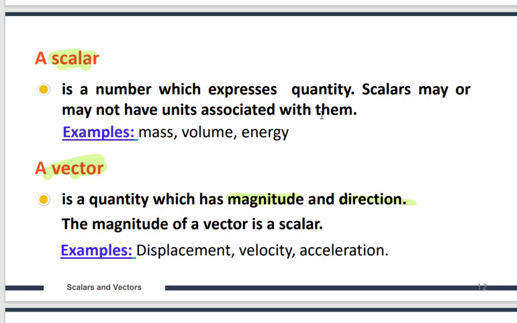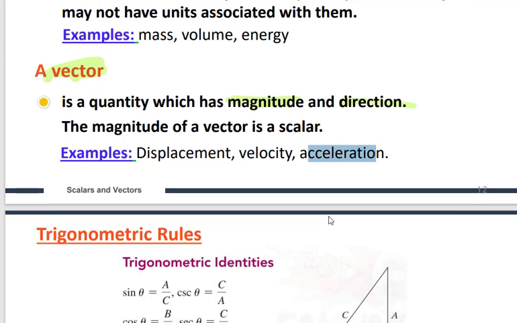A quantity which has both magnitude and direction is called vector quantity. Vector quantity has direction, but scalar quantity does not have direction. Scalar quantity is nothing but mass, volume, energy. Vector quantity is displacement, velocity, acceleration. We will come to forces also.